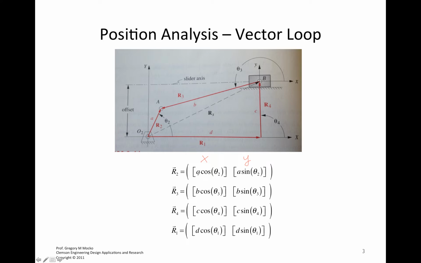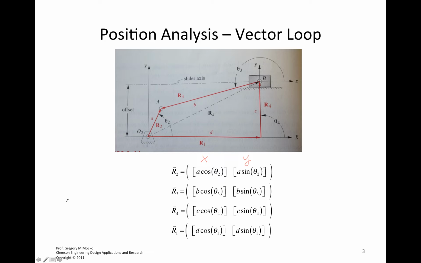So vector 2 is A cosine theta 2, A sine of theta 2. That's going to tell us where this vector is pointing. R3 is B cosine theta 3, B sine theta 3. R4 is C cosine theta 4, C sine theta 4, and R1 is D cosine theta 1, D sine theta 1.